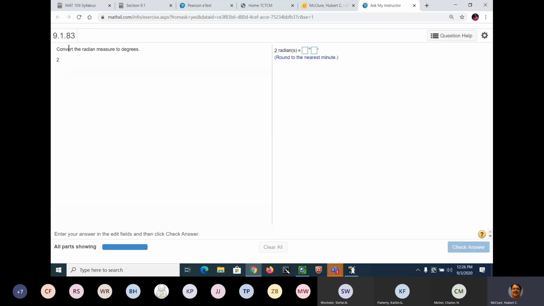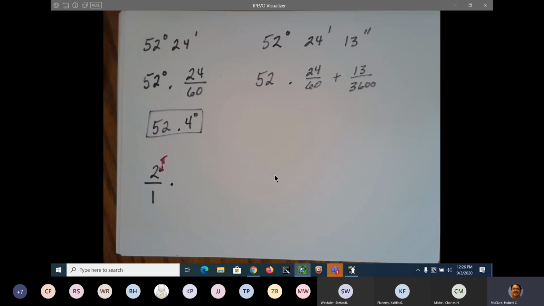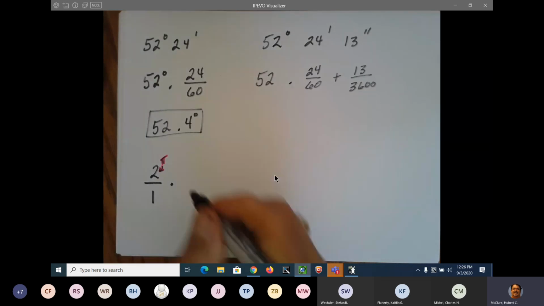Since it says radian, and since this just says 2, that means I calculated pi to get that 2 right there. So you got to be careful about that. So that would be 2 pi, or 2 over 1, and then I'm going to multiply that by 180 over pi.